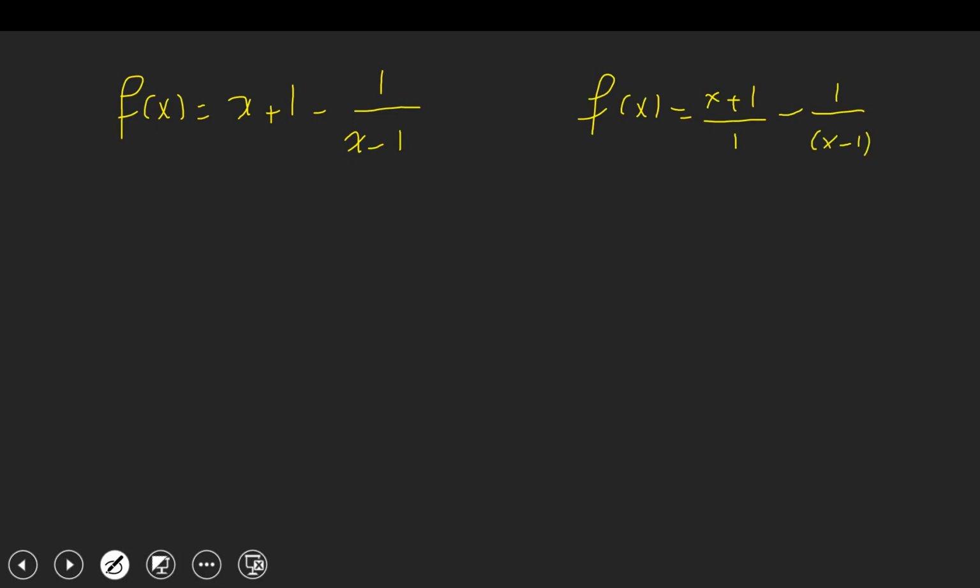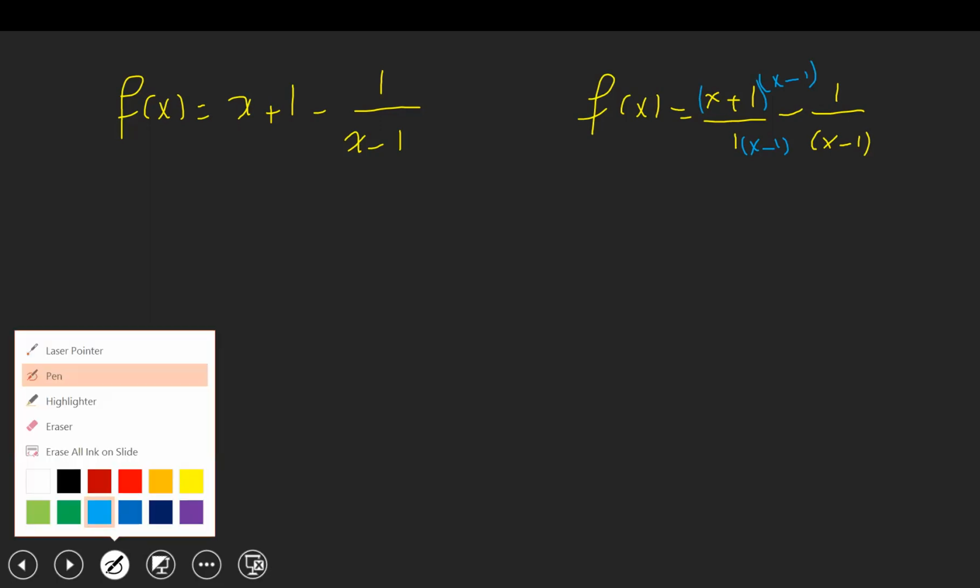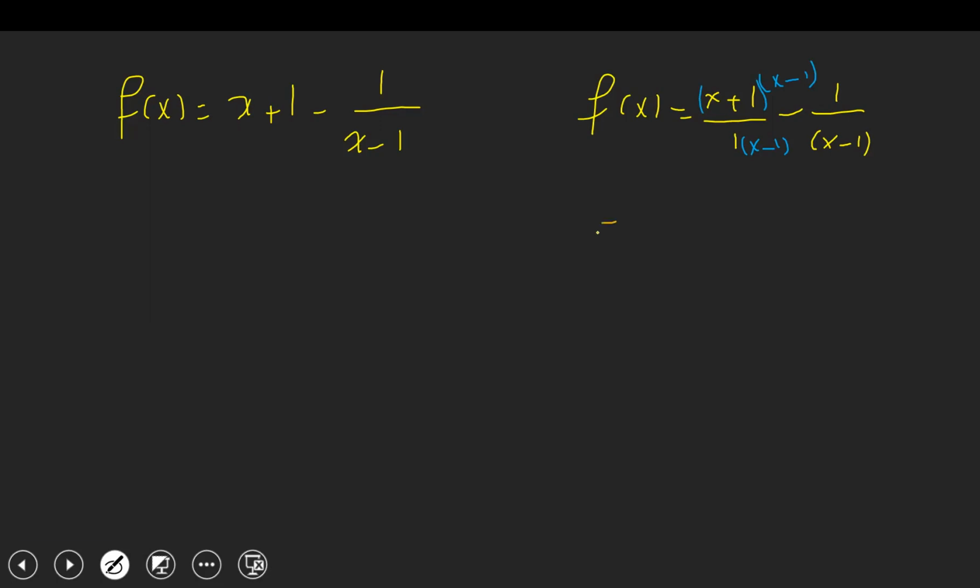We multiply this by x minus 1, and here by x minus 1, all of it. We get x plus 1 into x minus 1, we get x squared minus 1 in the second fraction. That is finally, it becomes x squared minus 2 over x minus 1.